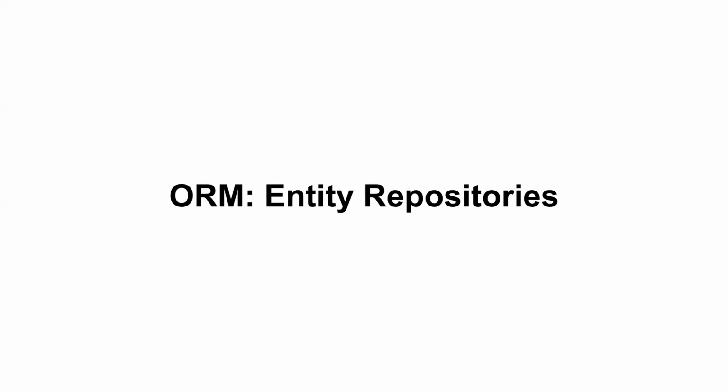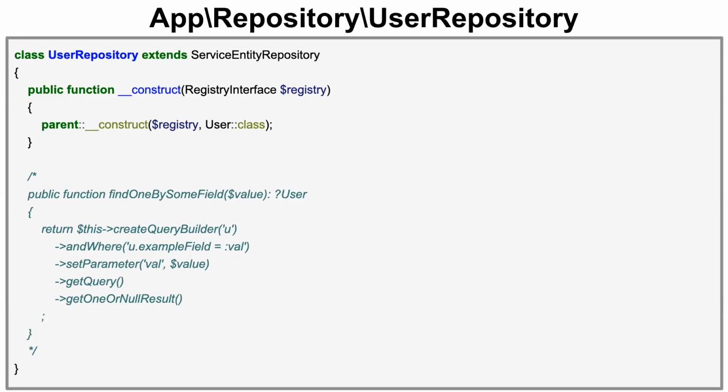So the next concept that I will introduce you to is called the entity repositories. These are basically the layer that your application will interact with to execute queries. In your application code, you don't want to have queries sprinkled throughout your controllers or your service layer.